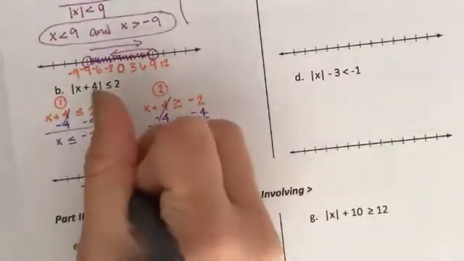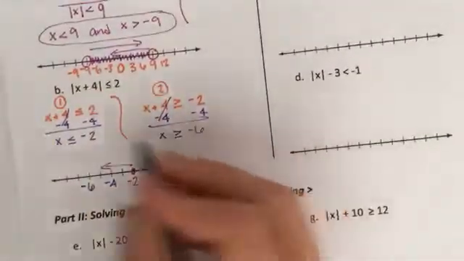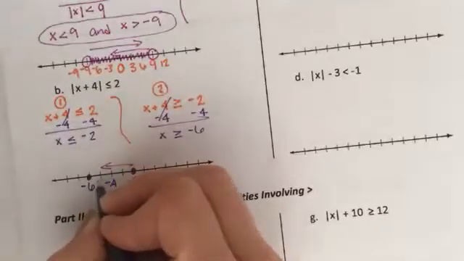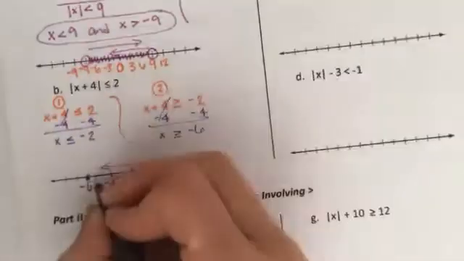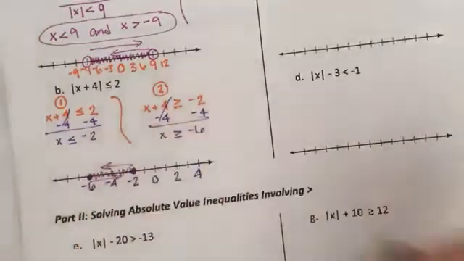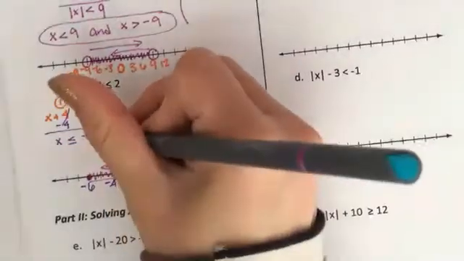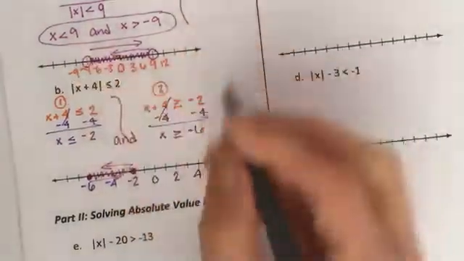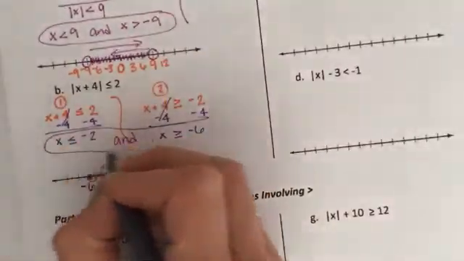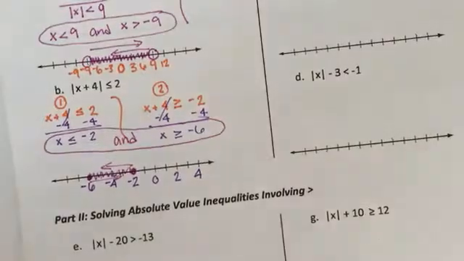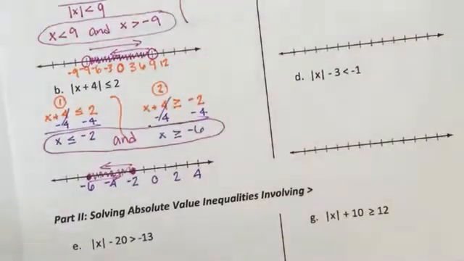So less than would be going this direction. X is greater than or equal to -6. So I shade everything in between. So this is an and inequality. Like that. Okay.